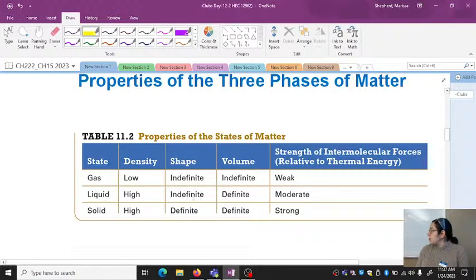We said still undefined shape, as there's enough movement for those molecules to slide past one another. But now it has a defined volume, and it's going to have moderate intermolecular forces. That's what drives cohesion. Compared to a solid, which has a high density, a definite shape, a definite volume, and of course strong intermolecular forces.